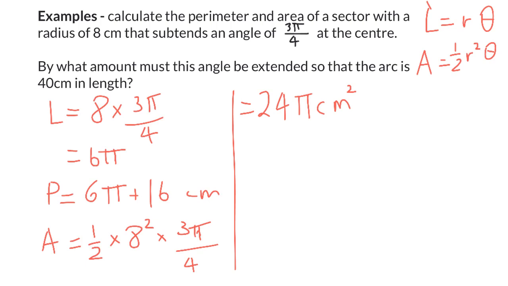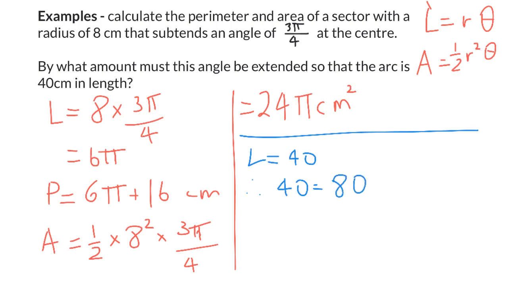Now, the third part here, by what amount must this angle be extended so that the arc is 40 centimeters in length? So now I know that L equals 40. So that means that I can say 40 equals 8 theta, which means I just need theta to equal 5 radians.